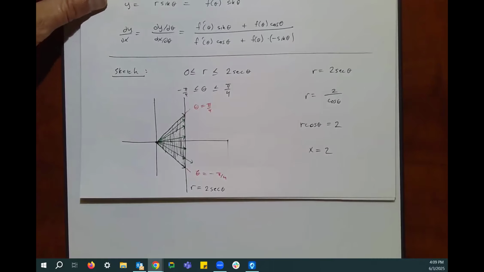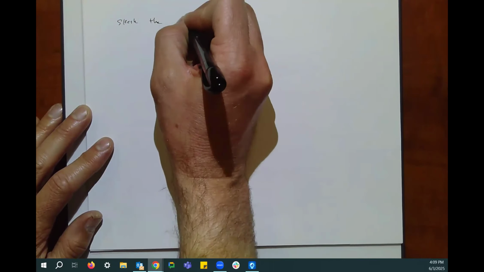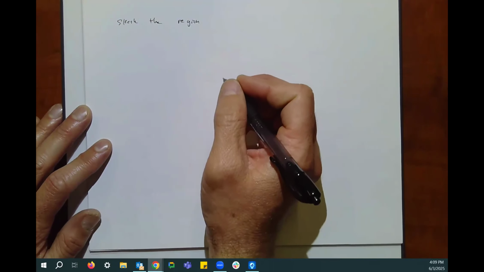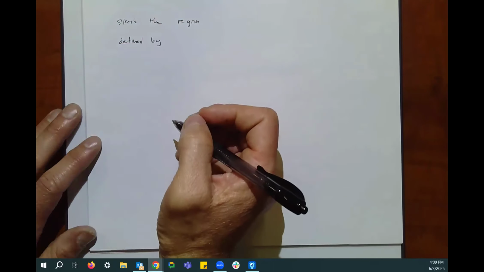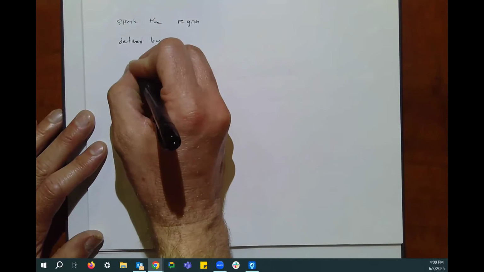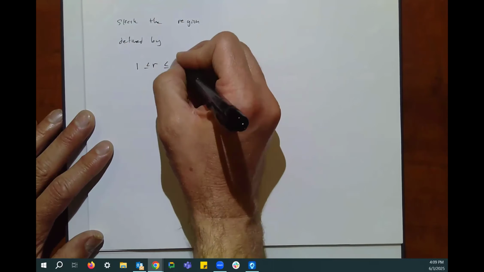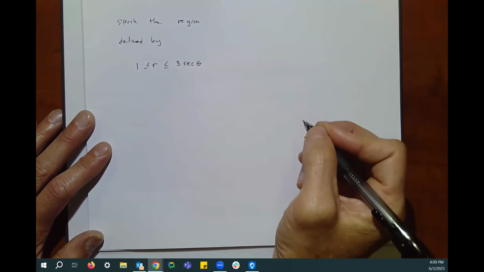So for example, let's do one more. I want to sketch the region defined by, let me do something a little bit different here, R going between 1 and 3 secant theta.